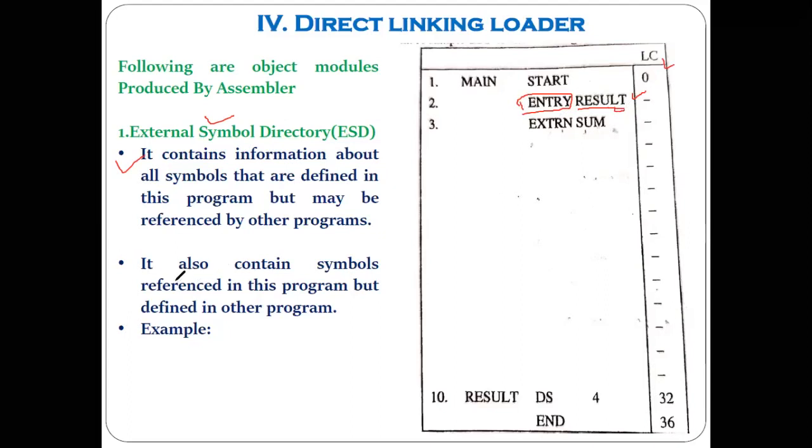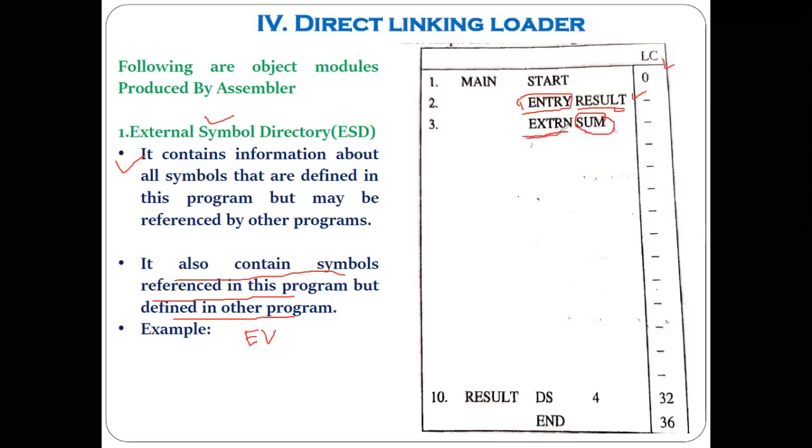Second kind of information in the external symbol directory contains the variables or symbols that are referenced in this program but may be defined in the other program. So this is the information regarding the external variables. In this program, sum is the external variable. External variables are mentioned in the program with the help of the keyword extrn.